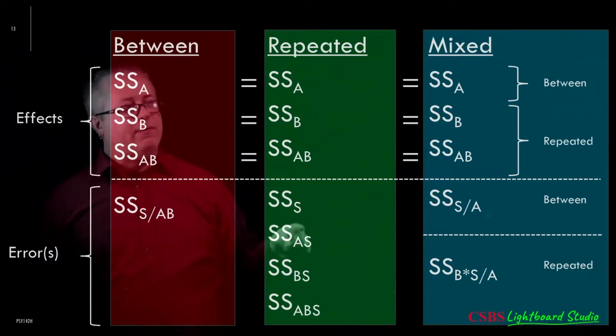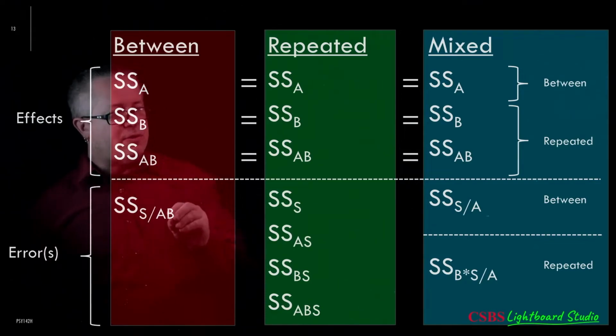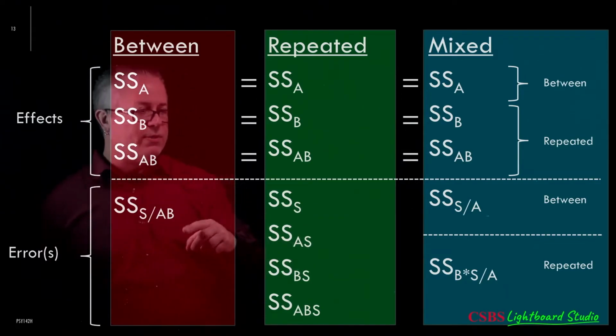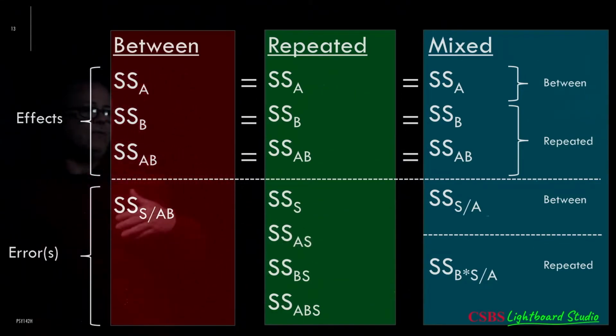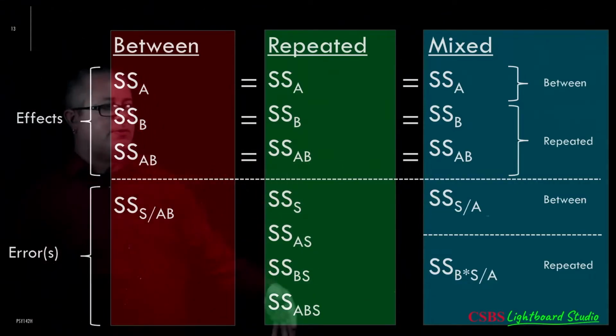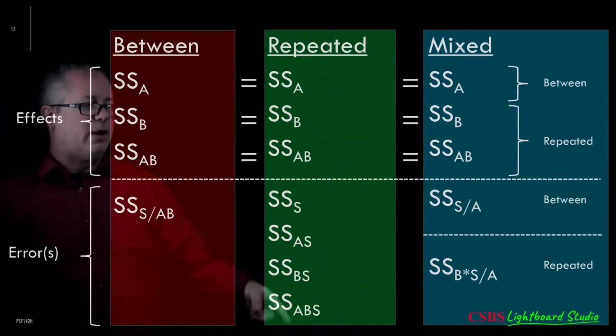So the error for A is the sum of squares A by S. The error for B is the sum of squares B by S, and the error for the interaction is A by B by S. So our error term blew up from one error term to 4 by simply moving from a between groups factorial to a repeated measures factorial design. We got a lot more error.